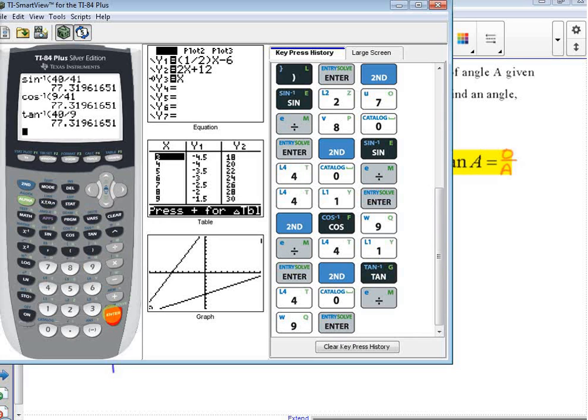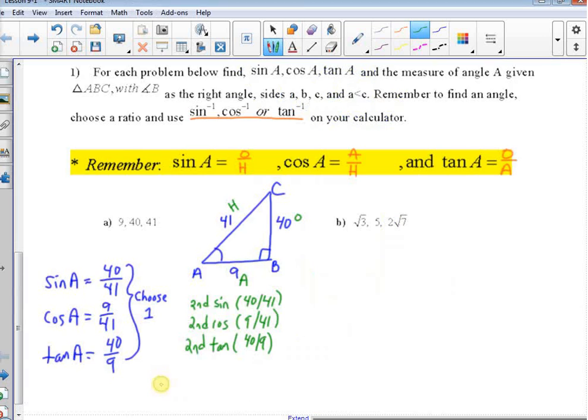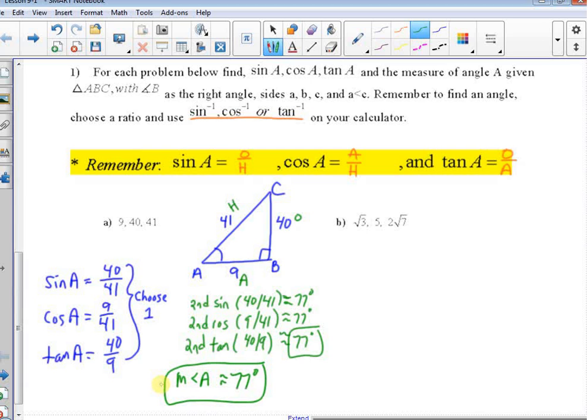They should all be the same. So then, any one of them is approximately 77 degrees. So that's why I said you only needed to choose one. So the measure of angle A is approximately 77 degrees, rounded to the nearest degree.